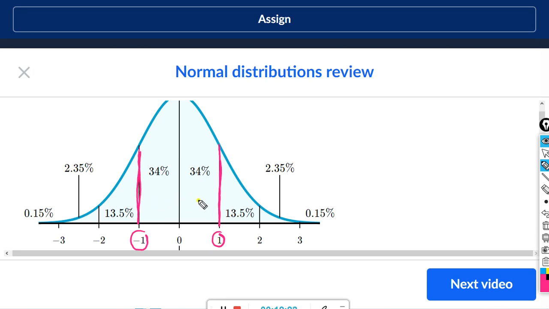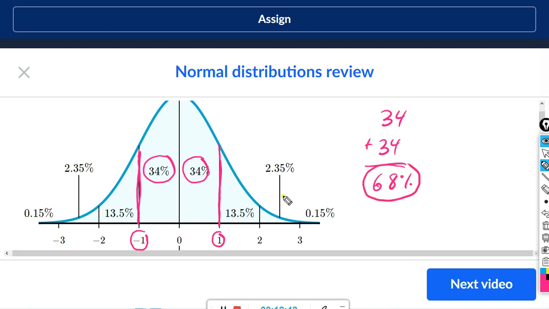All right, and so they want the probability that it's in between. So all you have to do is add 34 and 34. Okay? And of course, we know 34 plus 34 is 68% of the entire curve. Okay? And did I really even need to add those?